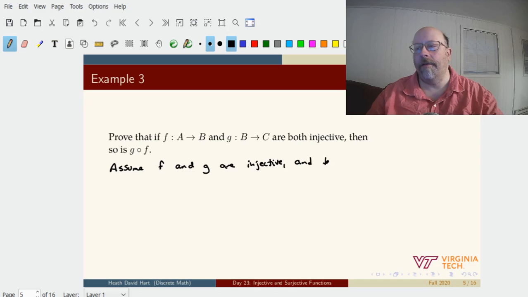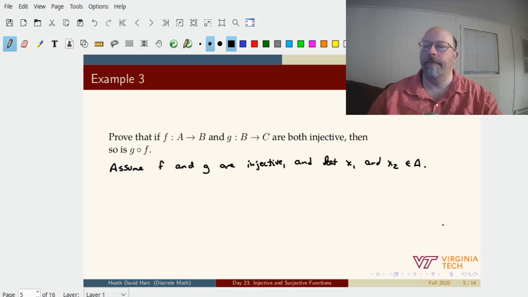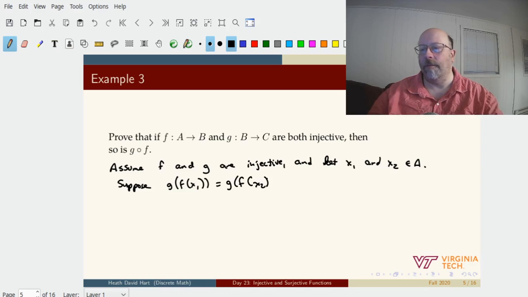And let x1 and x2 be in A. So this is going to be just a direct proof. Suppose G composed with F of x1 is equal to G composed with F of x2.